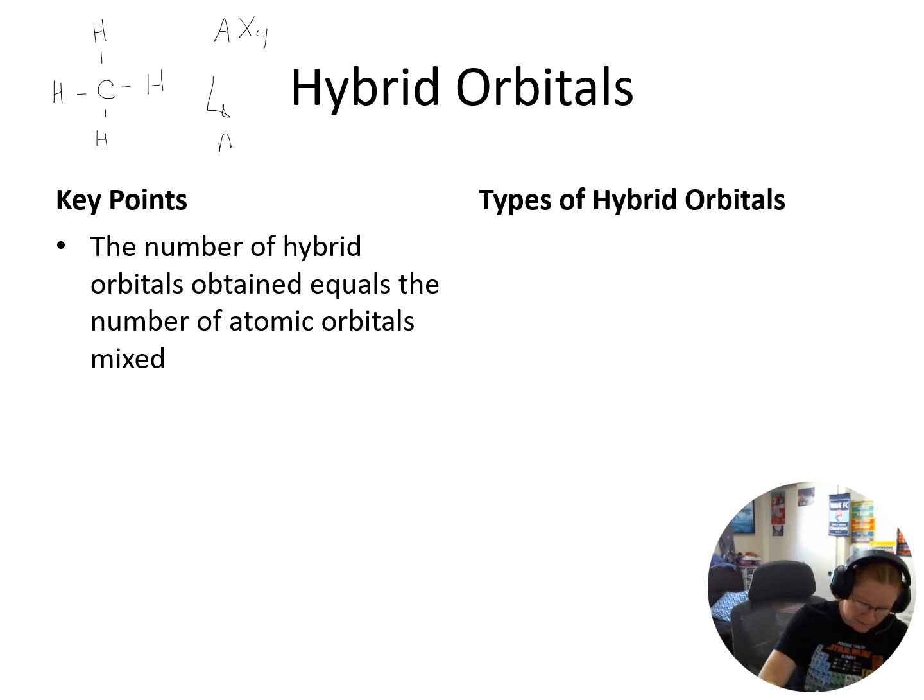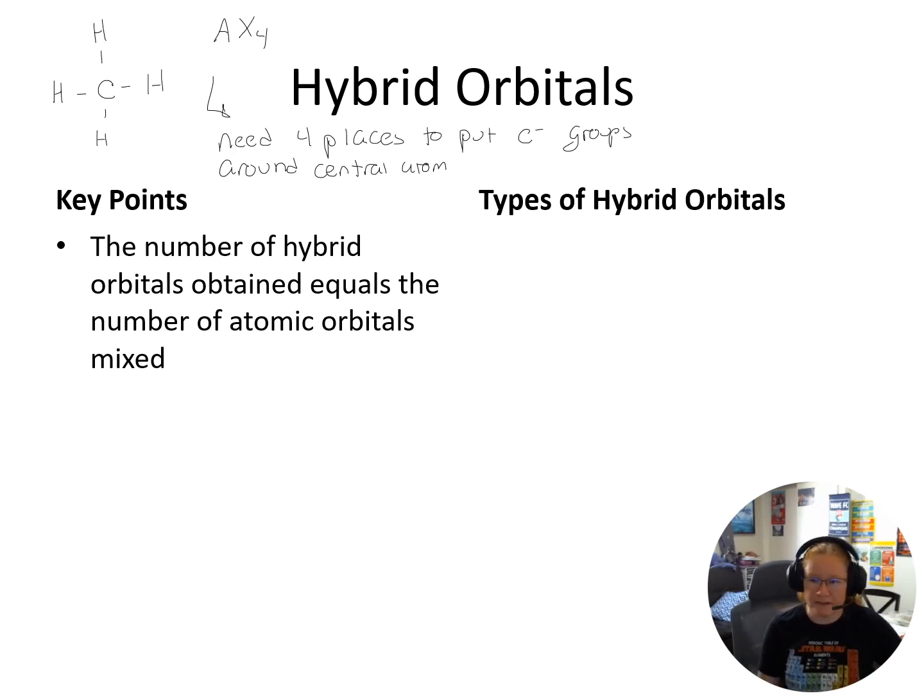So we're going to need to mix 4 atomic orbitals to give us 4 places to put things. Think about that.